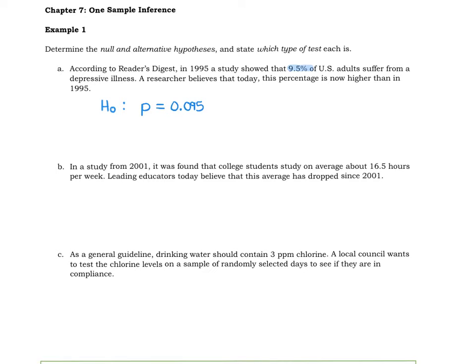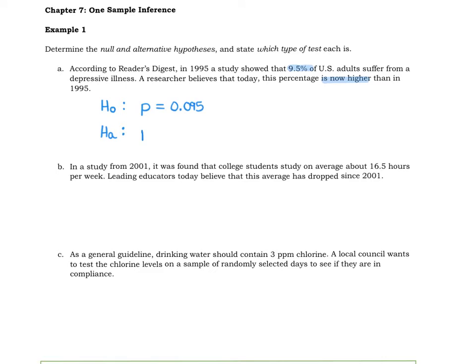Now we go to our alternative hypothesis. That's H sub A, and again, follow it by a colon. What does this researcher think is the case? The researcher believes that today this percentage is higher. That's what this person believes and is trying to prove.